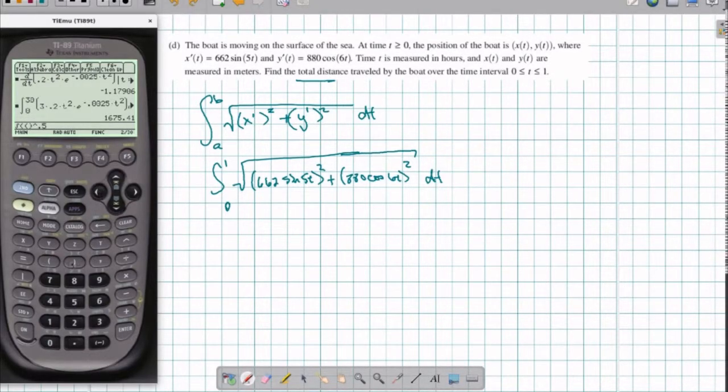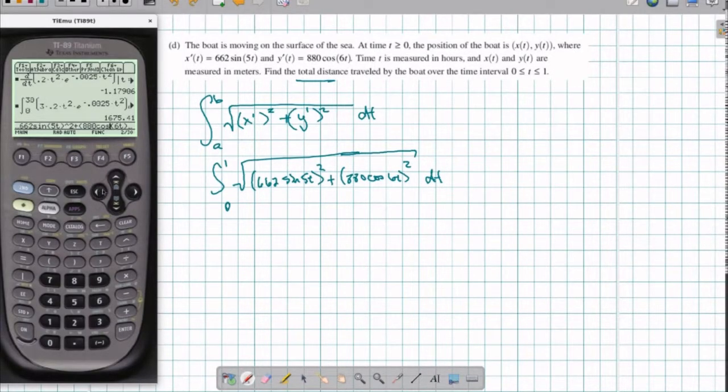And inside here, I'm going to take something and square it. And the thing I'm going to square is going to be 662 times the sine of 5t. And I'm going to add something squared. And the something squared that I'm going to add is the 880 times the cosine of 6t.